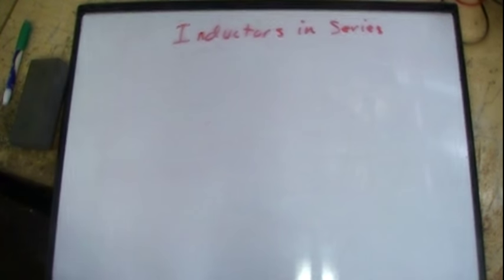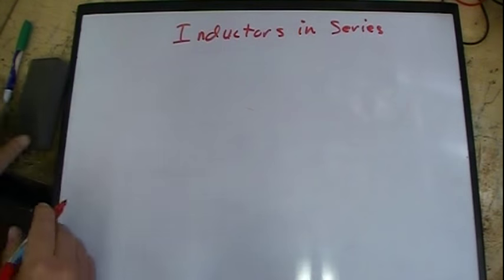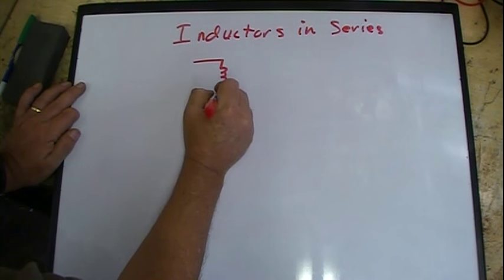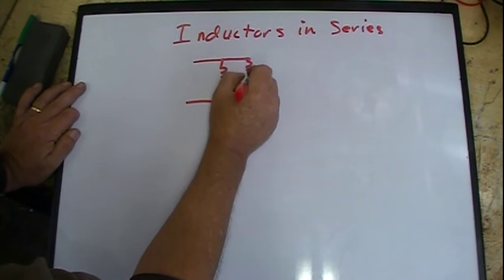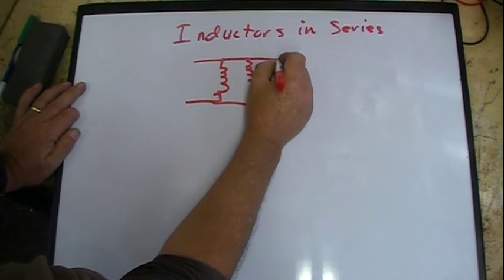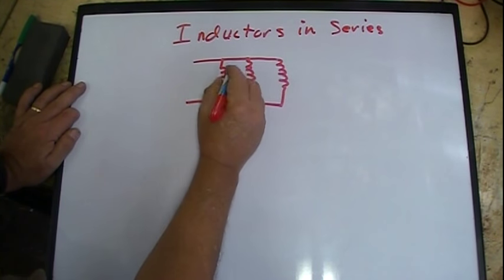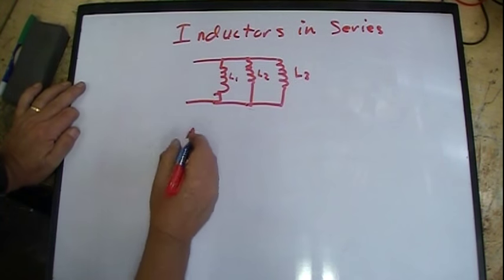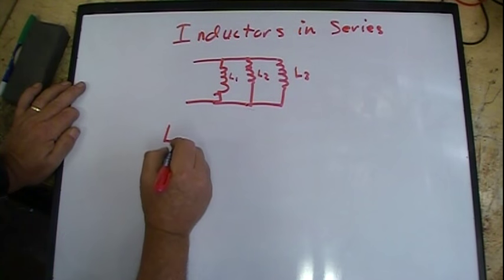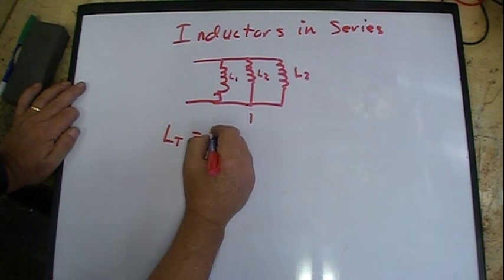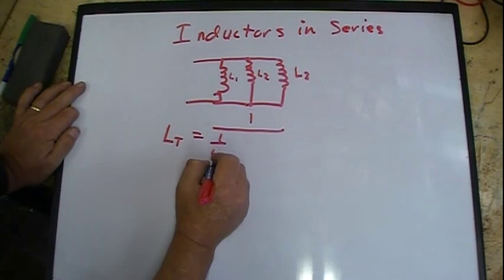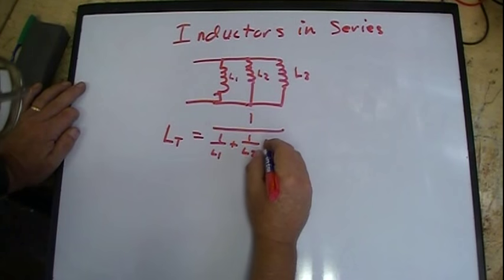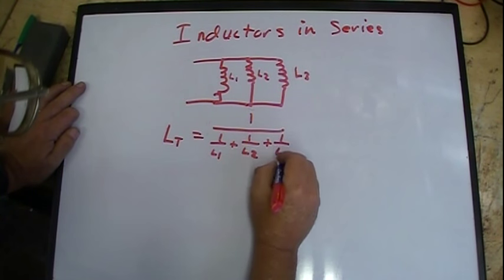Now, inductors in parallel is just like resistors in parallel. So if I've got L1, L2, and L3, total inductance, L total, will equal 1 over 1 over L1 plus 1 over L2 plus 1 over L3.